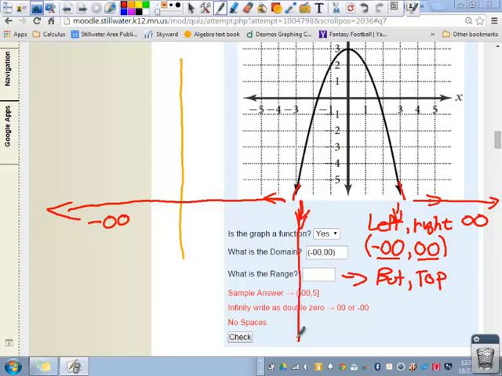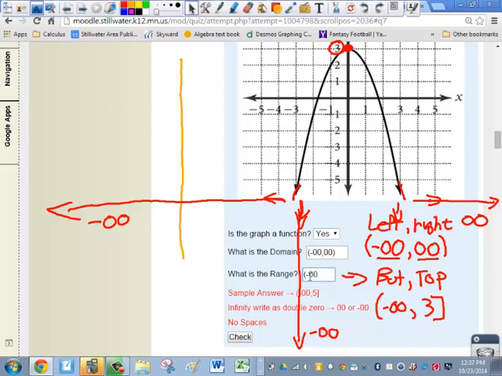So it goes down to negative infinity. So that would be your left-hand side, negative infinity. Now, how high does this function go? What's the highest point on this mountain? Well, its highest point is right here, and that's at a height of 3. It actually gets to 3, and because it gets to 3, you would put a 3, and instead of a parenthesis, you use a bracket like that. So that would be the range of this function, from negative infinity to 3.